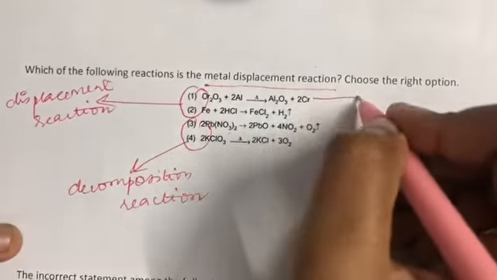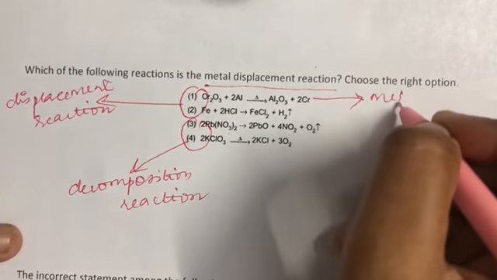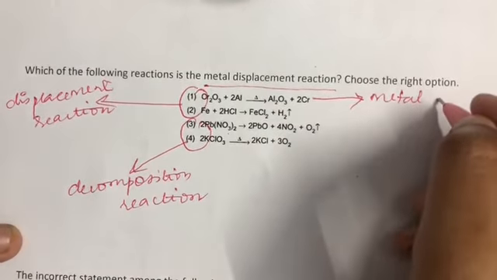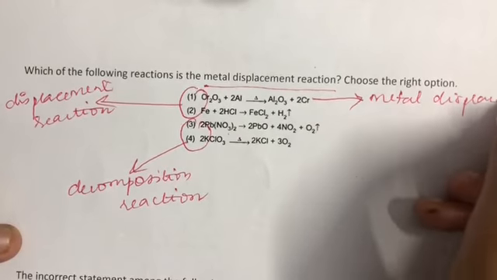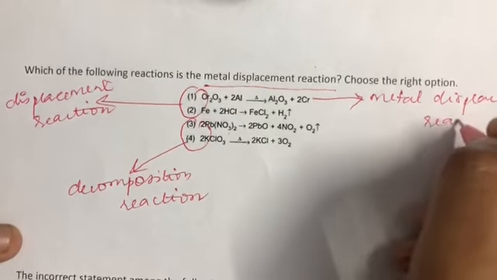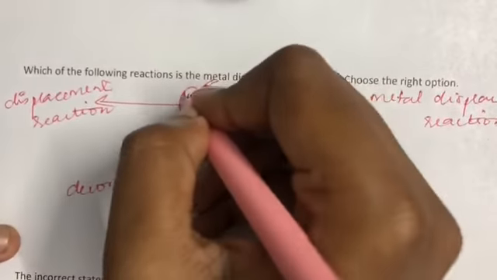Out of 1 and 2, 1 is the one which corresponds to a metal displacement reaction. So the option is 1.